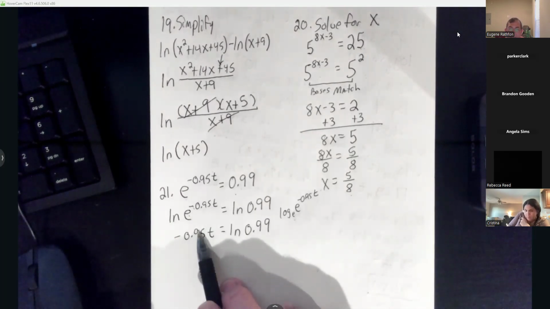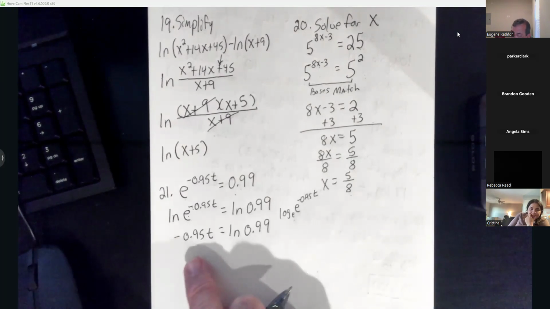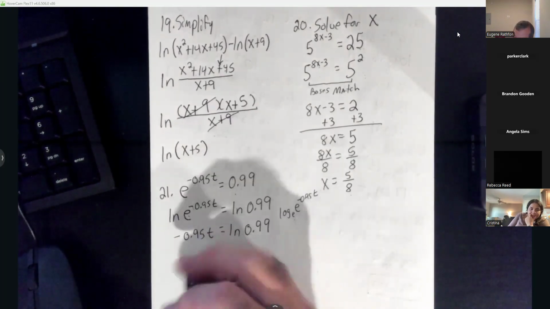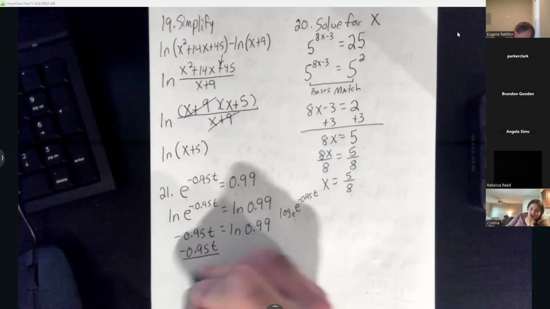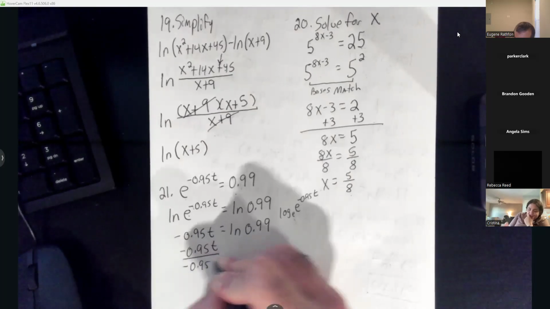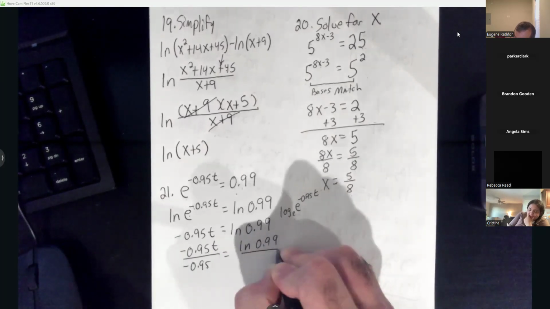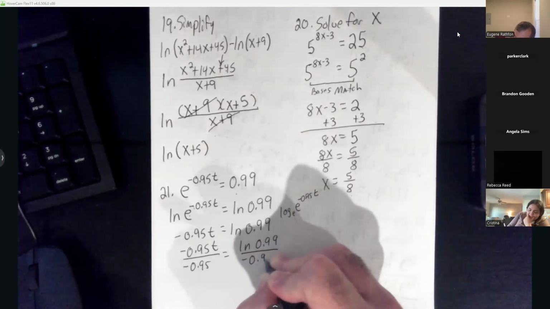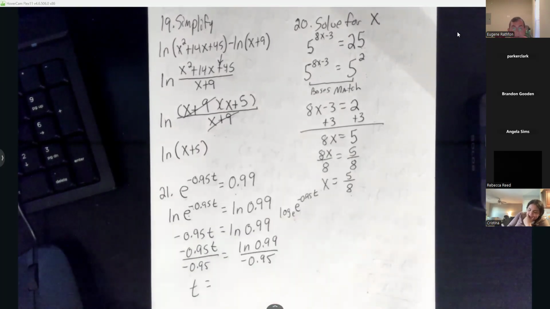That's why I did that. So I've got one more step, and that's to divide both sides by that negative 0.95. All right, so that cancels. All that's left over there is my t.